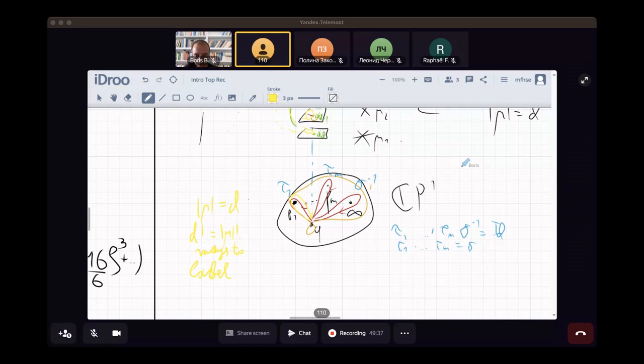So what happens? The number of ways to label the preimages of Q, a regular point. But now let's look at the general picture.